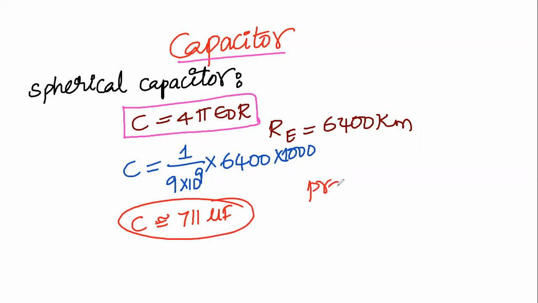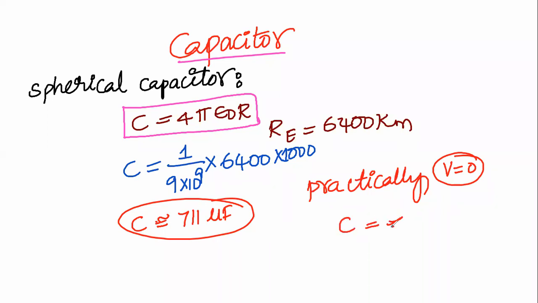Practically, the potential of the earth is considered as 0, then its capacitance will be infinite.